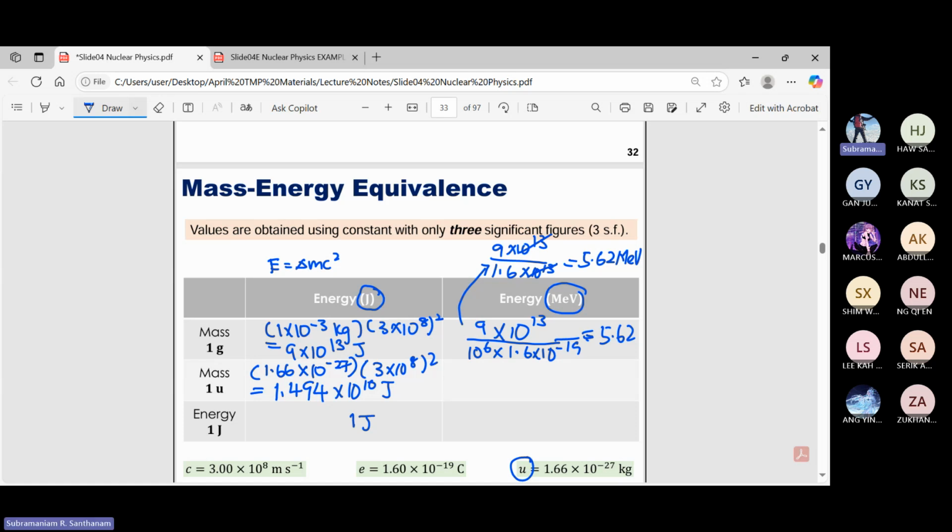Oh, it's supposed to be negative 10, not positive, because you have minus 27 and over here you have only power of 16. So minus 10.